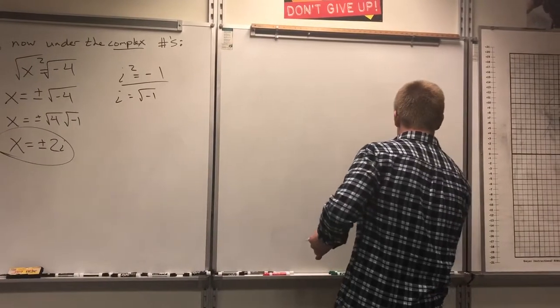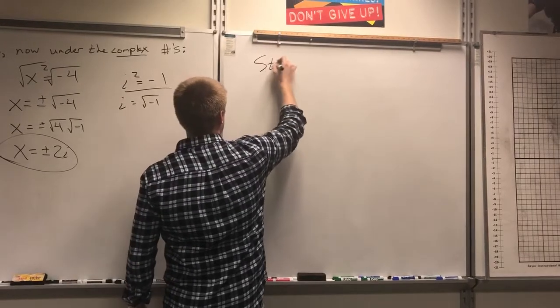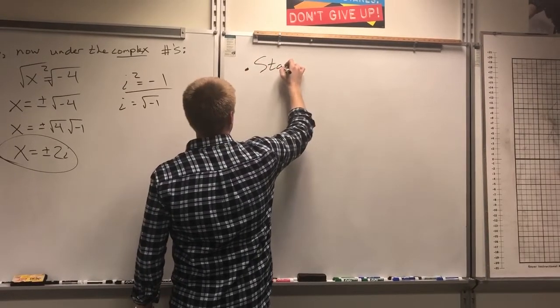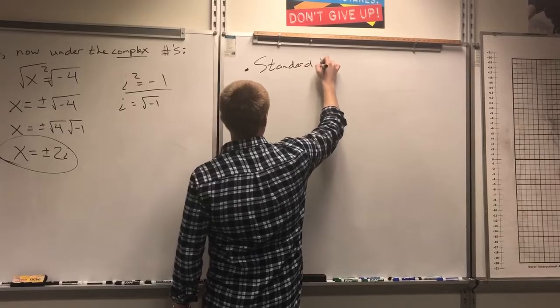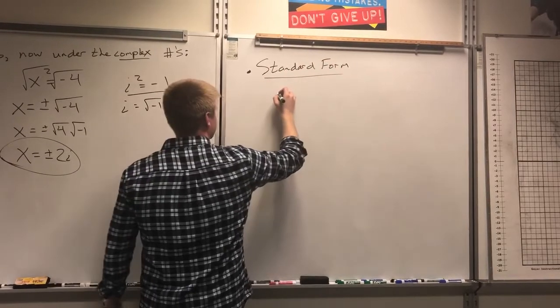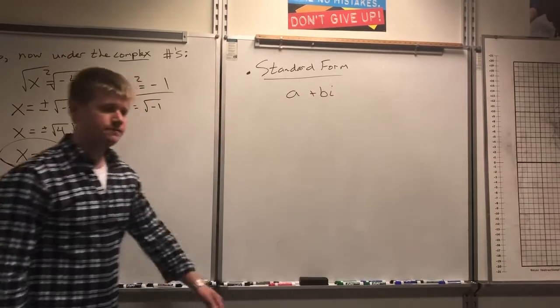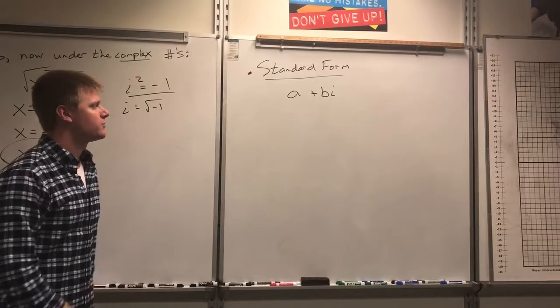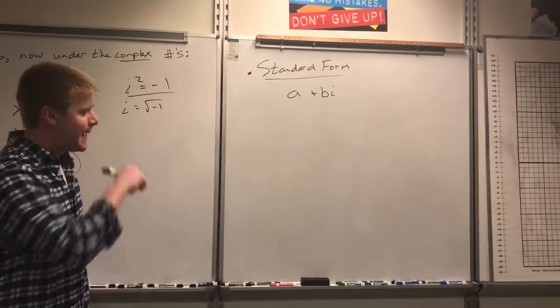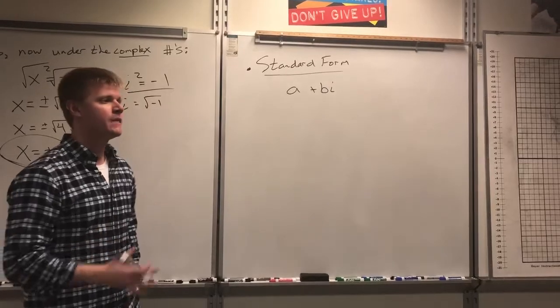We talk about standard form with any number of things that we do in mathematics, and there is also a standard form in which we format complex numbers. a plus bi is what the general or standard form looks like. So again, complex numbers and imaginary numbers are not exactly the same thing.